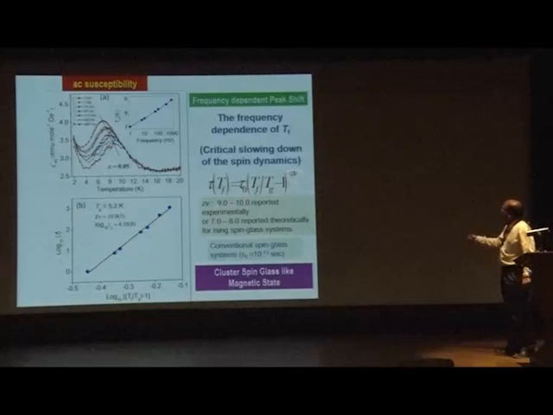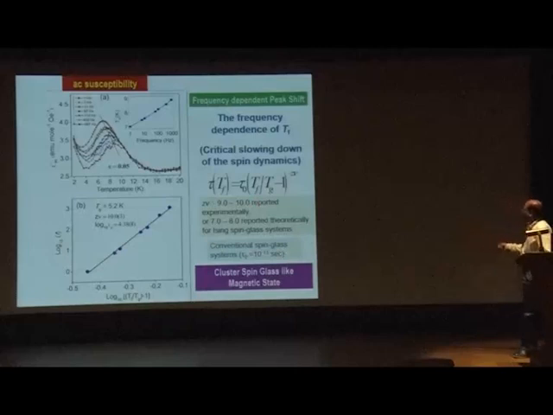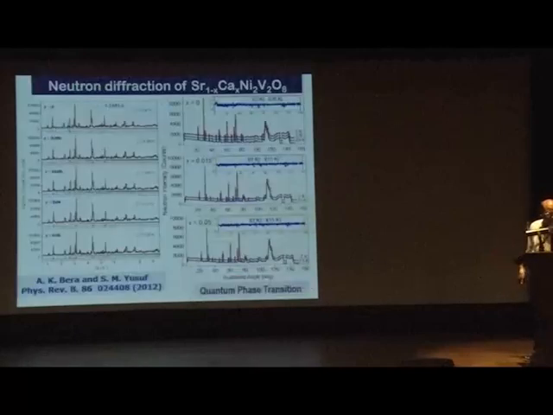This exponent value is about 9 to 10, and tau naught for conventional systems is 10 to the minus 13 seconds, and here we have got this kind of value, as you can see for tau naught. So it only means that it is a cluster spin glass. That is the conclusion we could make from this experiment.